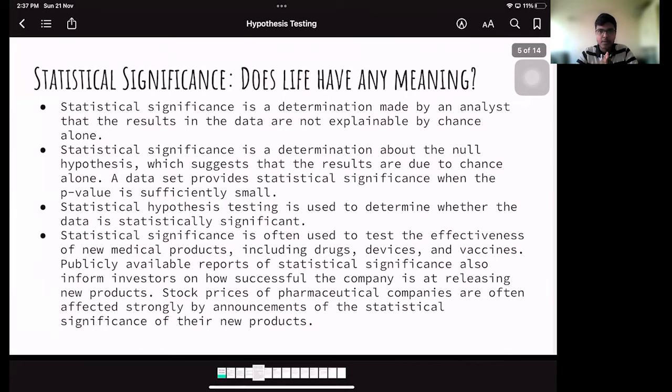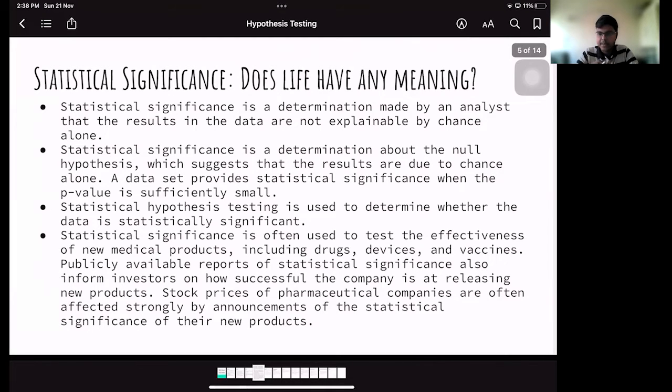So let's read it out once. Statistical significance is a determination made by an analyst that the results in the data are not explainable by chance alone. In our case, is the result of the average height of these 10 people, that is 6.2, by chance or not? That is what statistical significance says. If it is not by chance, then this observation is significant in our statistics.